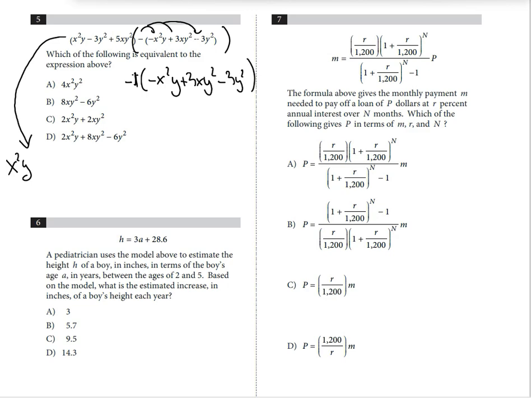So I'm distributing this negative inside the parentheses. Okay. Clean this up a little bit. So our signs are going to switch. Negative times negative is a positive.